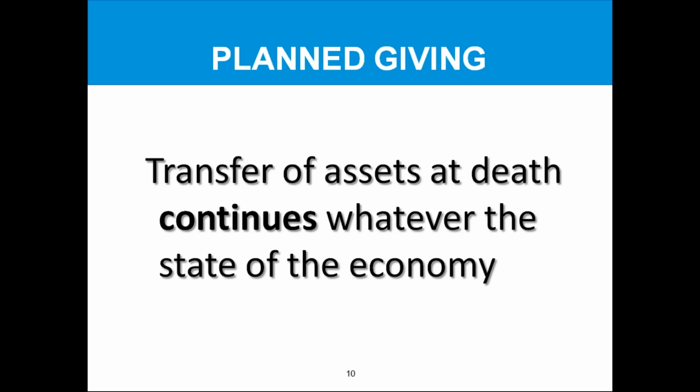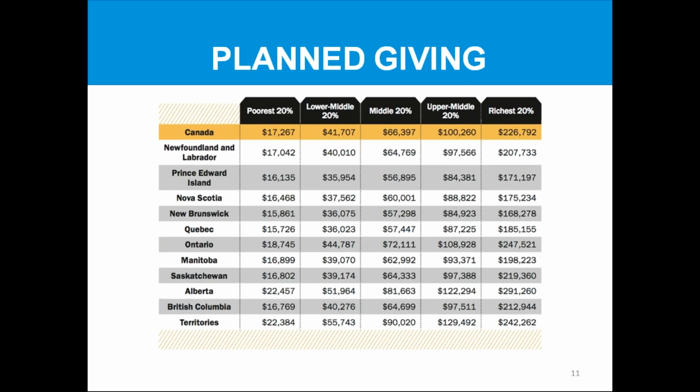Because I want them to know what the current reality is in Canada. And one of the current realities about planned giving is the transfer of assets at death continues, whatever the state of the economy. In 2008, we still got revenue in planned giving, although gifts of securities were at an all-time low in 2008.